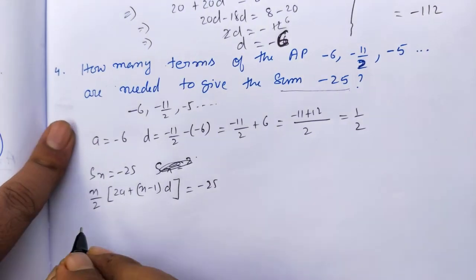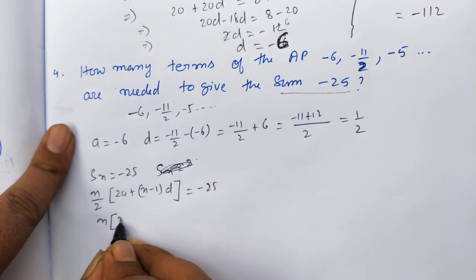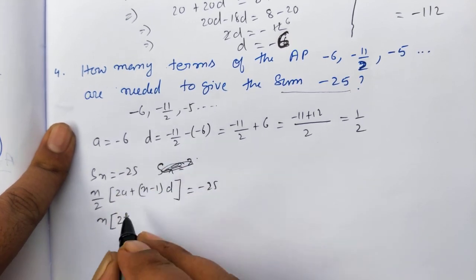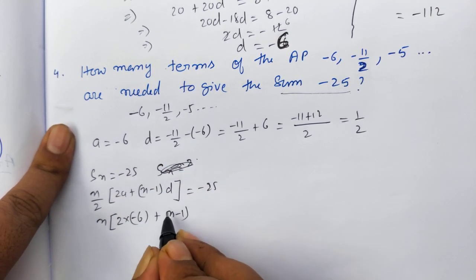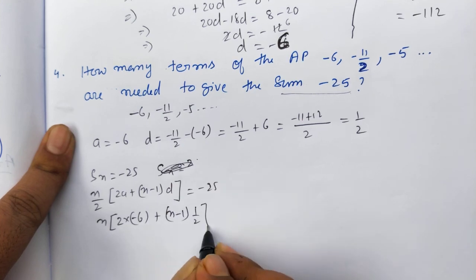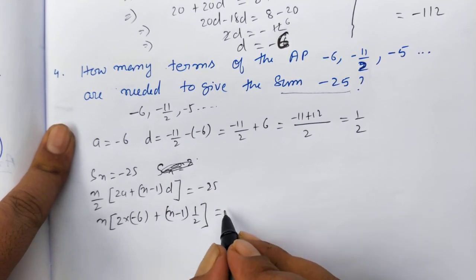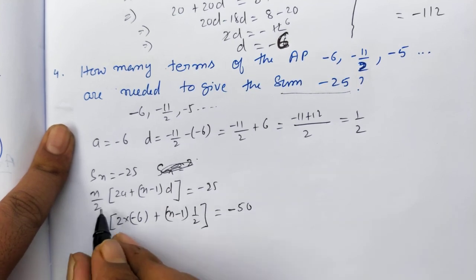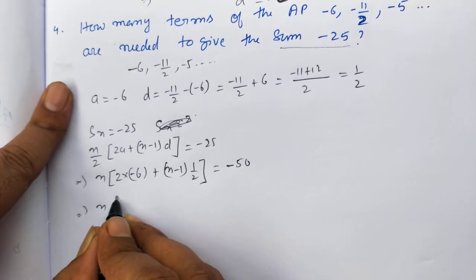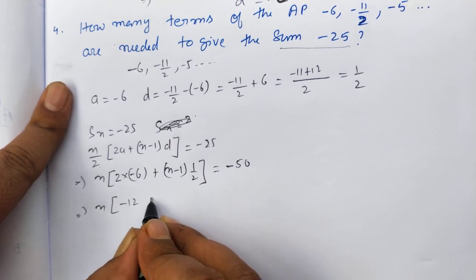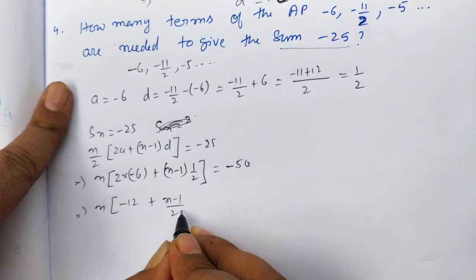We don't know n, so just write n. 2 into a is minus 12, and d is 1 by 2. Cross multiply: 2 into minus 25 is minus 50. This is n times (minus 12 plus (n minus 1) by 2).